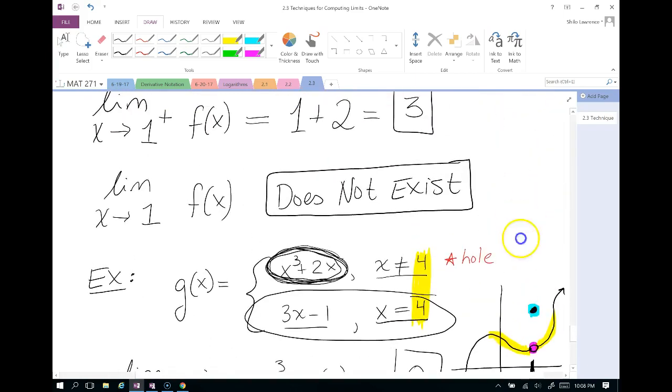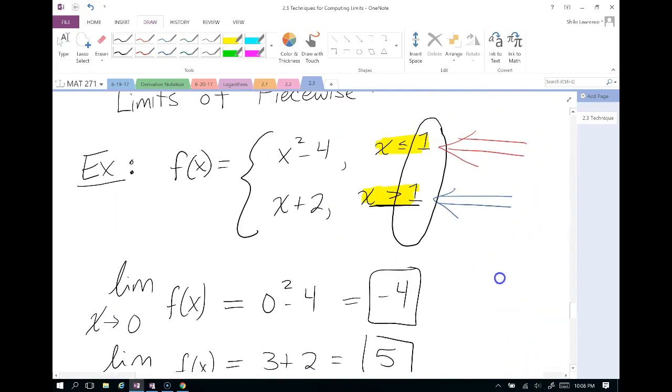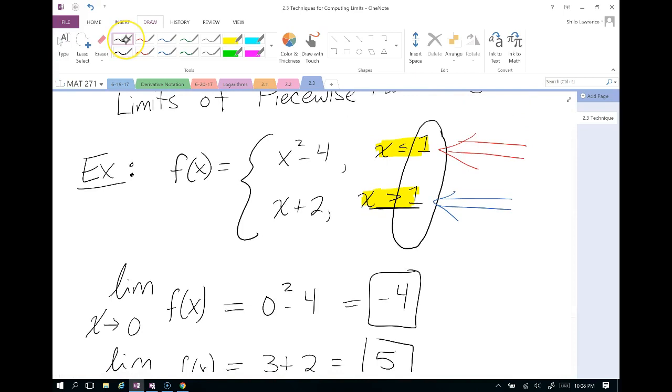The example we did before was different because we actually cut that graph in half. So this graph, and again, this is not those exact functions, but one of these was like a half parabola, and then the other one was a straight line. And there's a big giant gap in between.